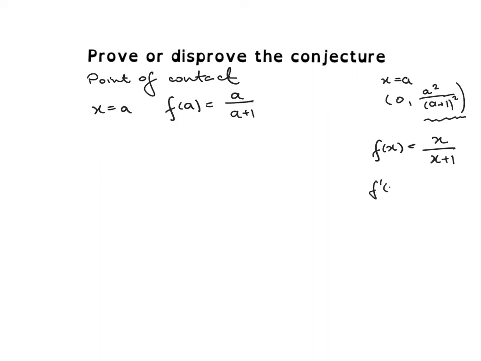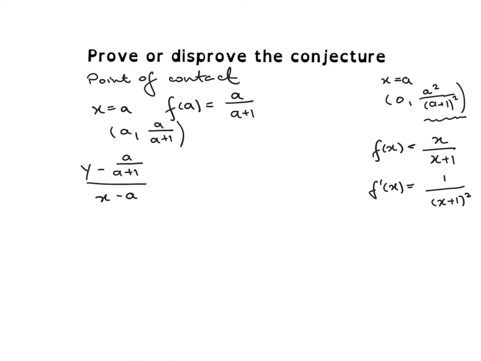And f dash of x is equal to 1 over (x plus 1) to the power of 2, with 1 in the numerator. So we do have the point of contact: a and a over a plus 1.